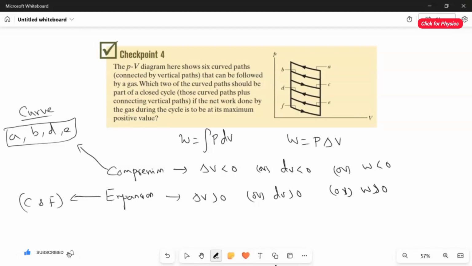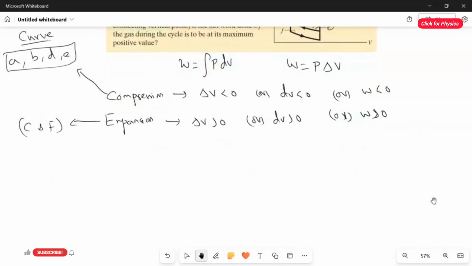That's the reason we consider C as well as E. When you consider the curves C and E, you will get more area, and these are cycles in the clockwise direction. So you will get more area, and by that time your work done will have the maximum positive value.